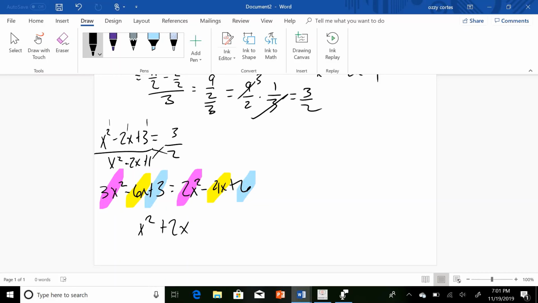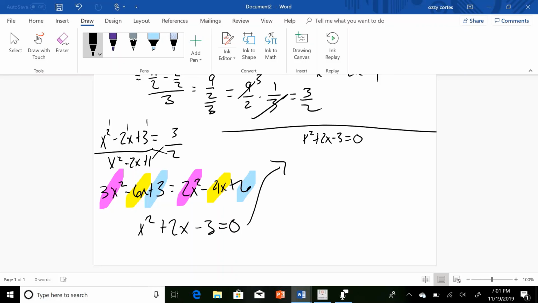This plus 6 we would have to subtract, so that gives us a negative 3 equals 0. So basically what we have now is x squared minus 2x minus 3 equals 0. Oops, sorry, I messed up earlier. It becomes minus 2x because with plus 4x, you get a negative.